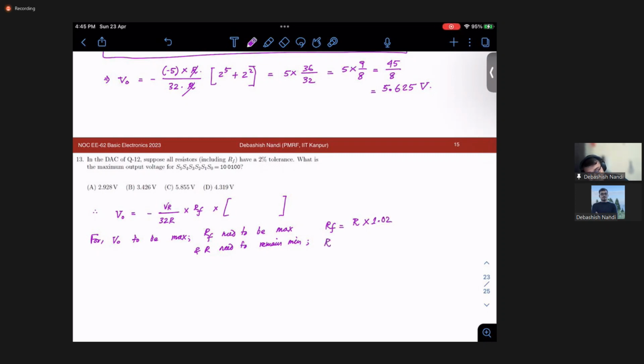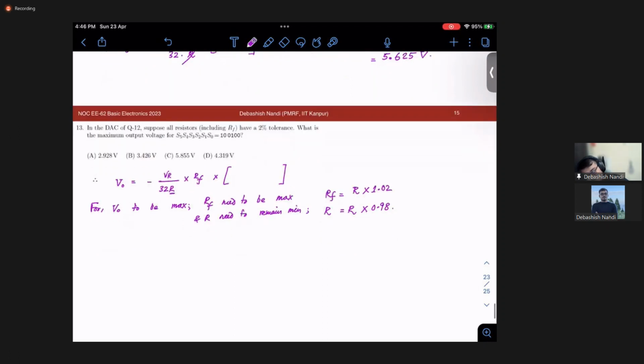And what is R? R would be this R into 0.98. So I have a tolerance of that also. So what will I have? I have V0 equal to, this sequence is the same, V0 nominal into 1.02 over 0.98.